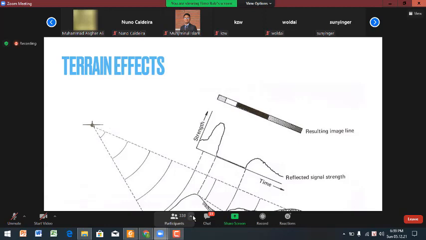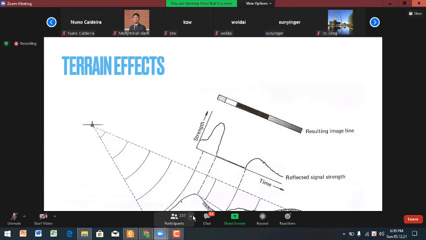Because we have a side-looking system, if our system hits such a mountain side here, this is almost like in a mirror direction, like a mirror. So you get a strong reflectance from that.